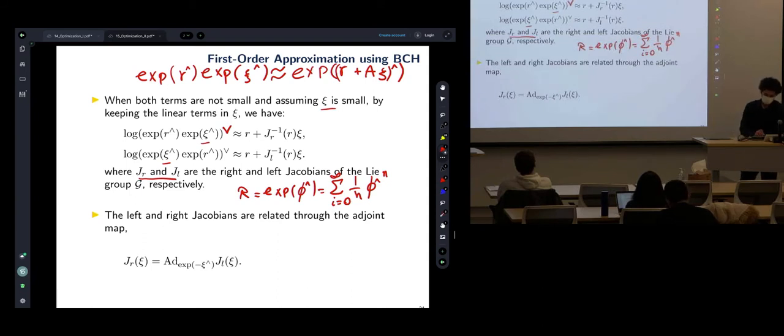In fact, the Jacobian for SO3 will have something like this. There's a negative sign difference between left and right, but otherwise they're similar.